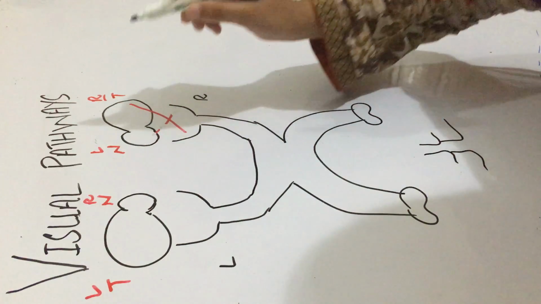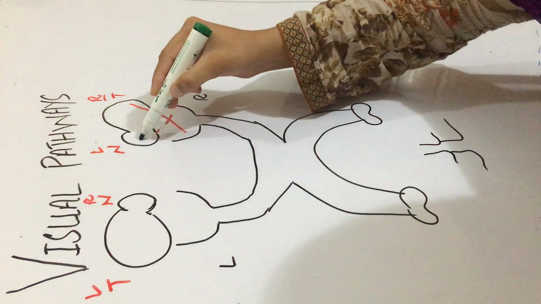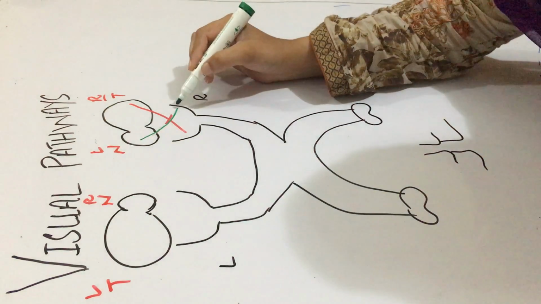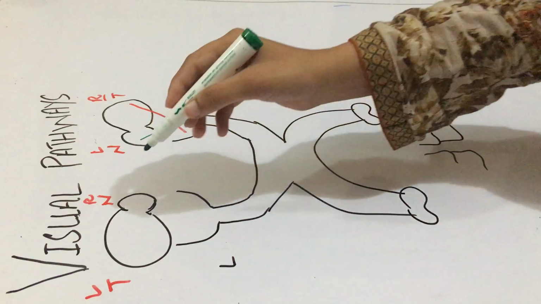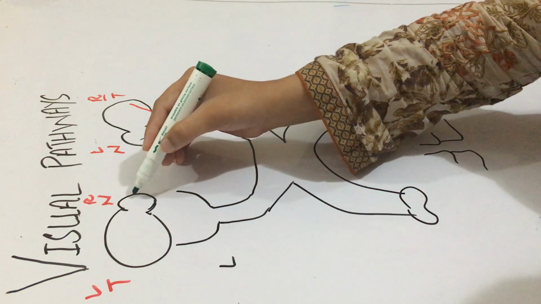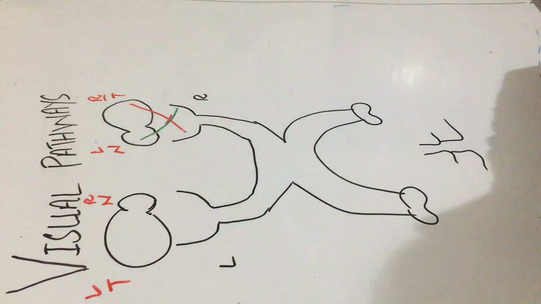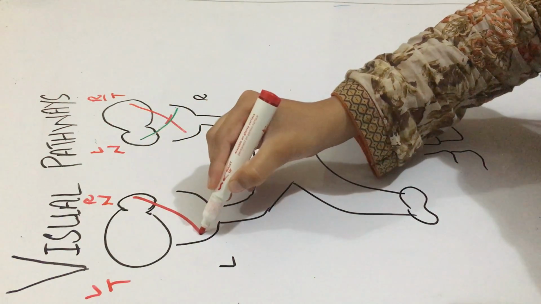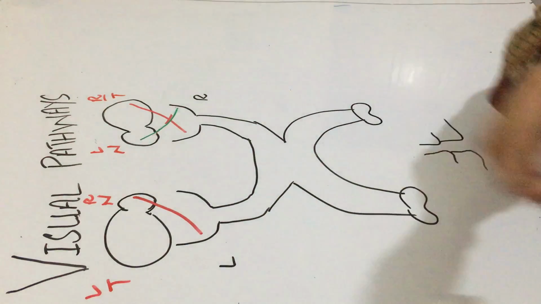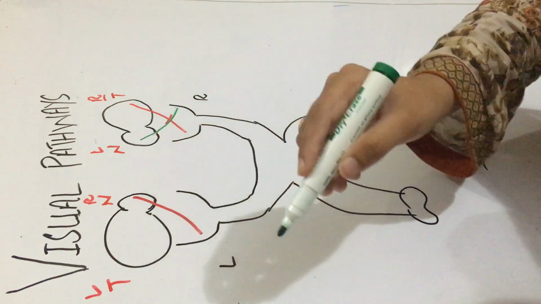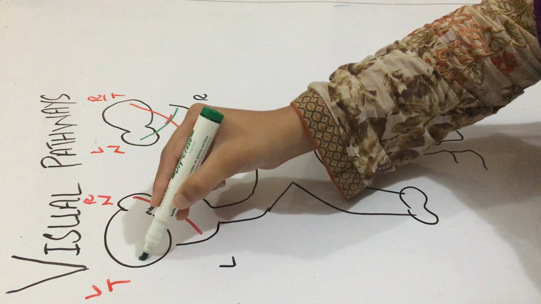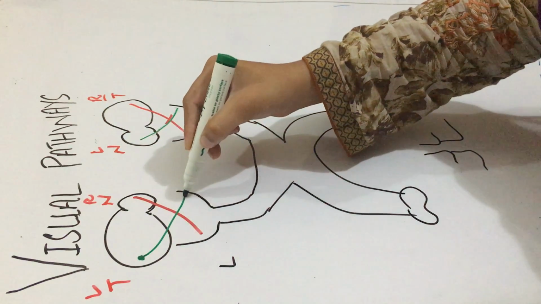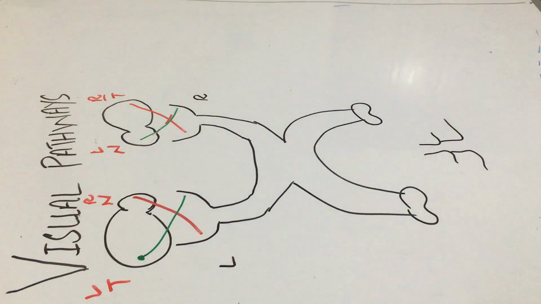And from the nasal side of the visual field, the light rays will go to the lateral side of the eye. Again, the light rays from the nasal field of vision will go to the lateral side of the eye, and from the temporal half of the visual field, the light rays will go to the medial side of the eye.